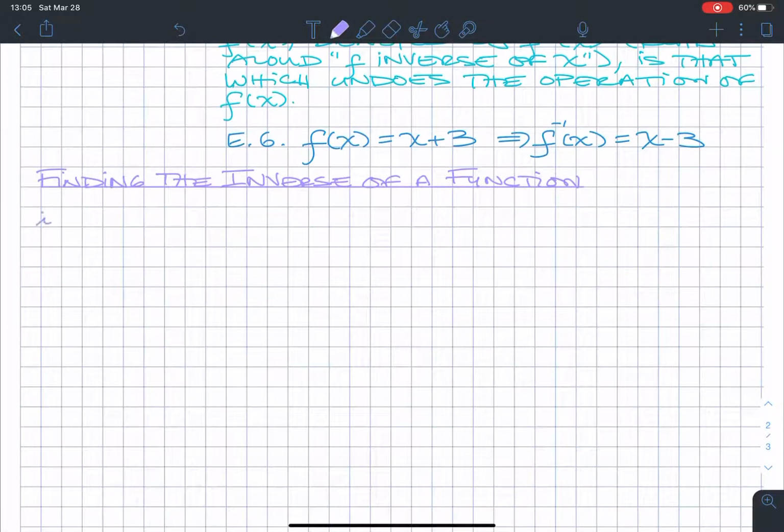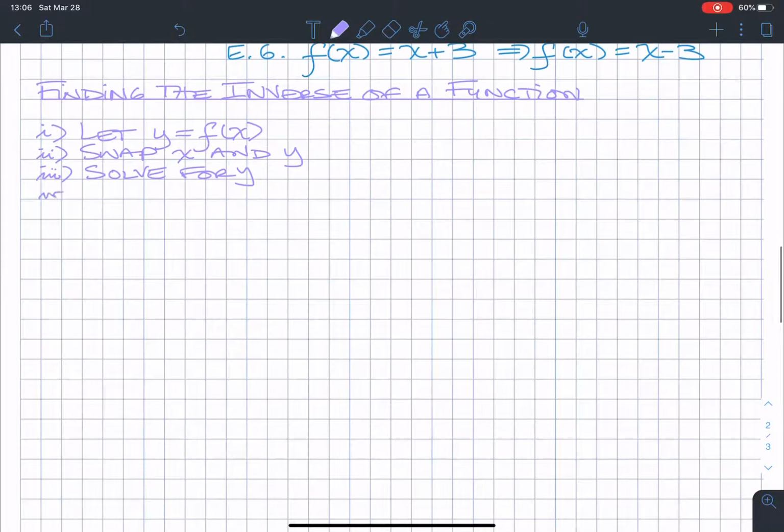So step 1 is to let y be equal to f of x. Step 2 is to swap x and y. Step 3 is to solve for y. And then finally, step 4 is to let f inverse of x be equal to y.